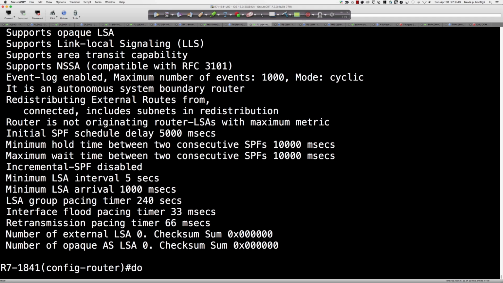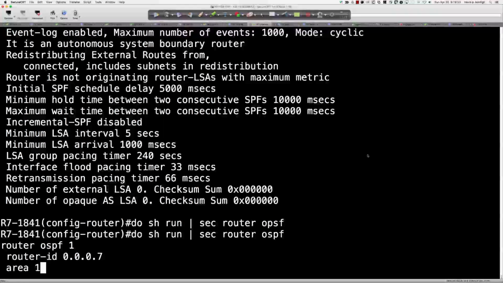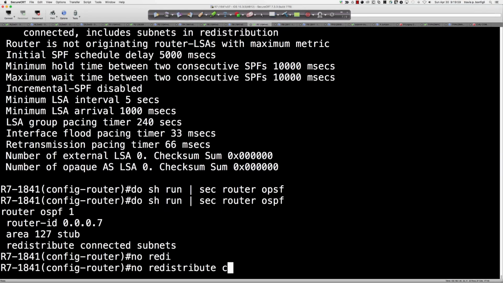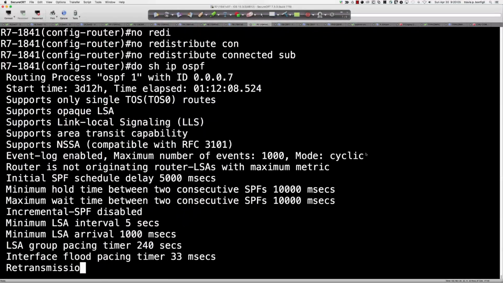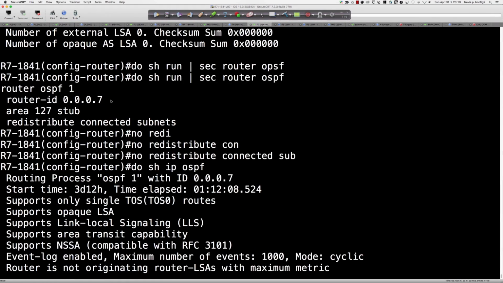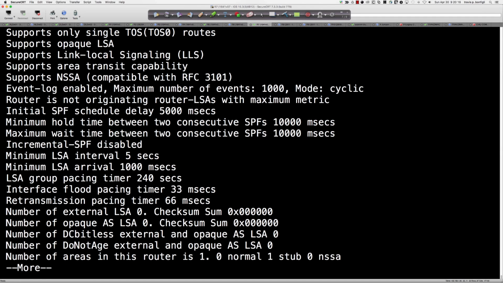And the reason is because when we say do show run section router OSPF, what we see is that redistribute connected subnets. So let's go ahead and say no redistribute connected subnets, and then say do show IP OSPF. Now what kind of a router does it say it is? Do you see any statement in there about it's an ABR, it's an ASBR? No, nothing, right? That's gone.